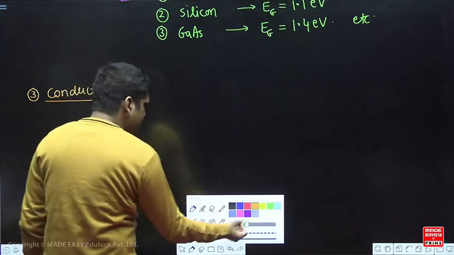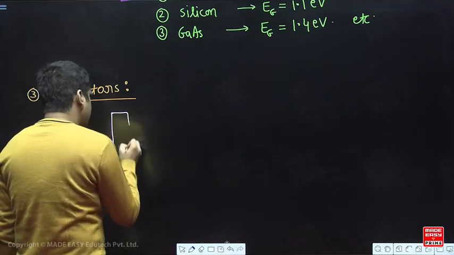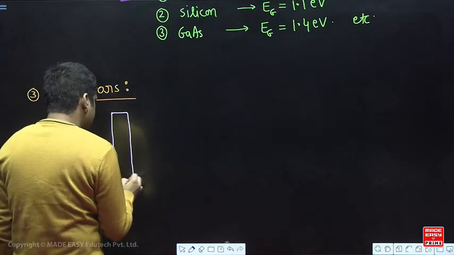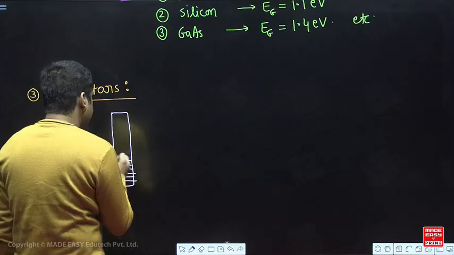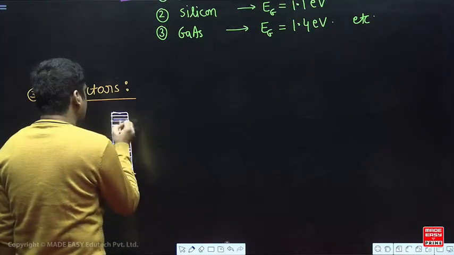So in conductors, we have a single band. This band will have several energy states. You can call it the conduction band or the valence band.